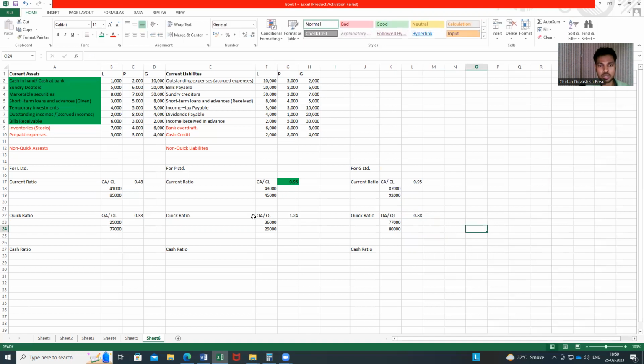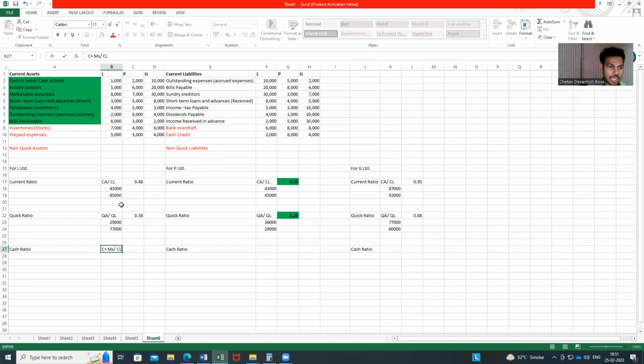Okay, so what should be my decision based on the quick ratio? Again, it would be P Limited, one of the best companies as per quick ratio. Now, how do we calculate cash ratio? What is the formula for cash ratio? Cash plus marketable securities, and it has to be divided by current liability.